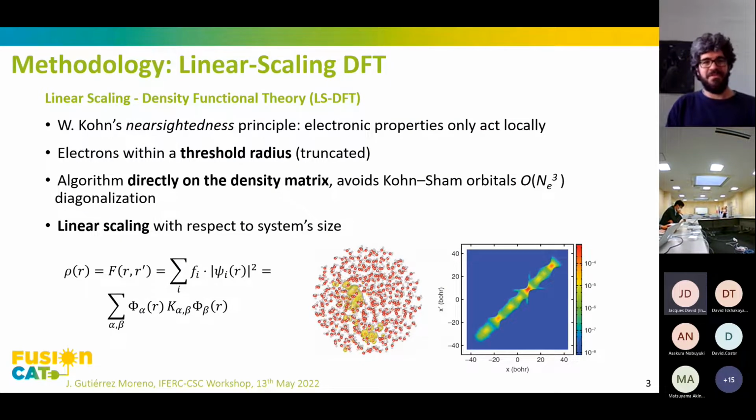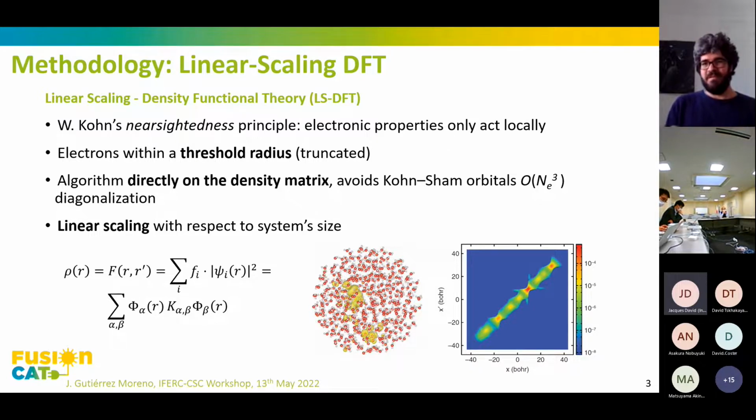So for these calculations, we use so-called linear scaling DFT. I will go briefly through the theory. This is based on Walter Kohn's nearsightedness principle, which says that electronic properties only act locally.